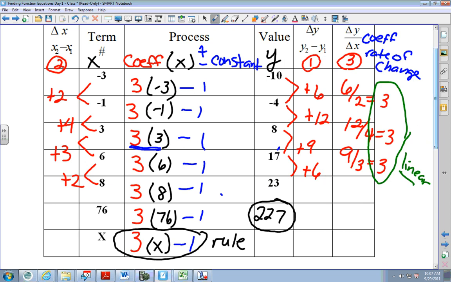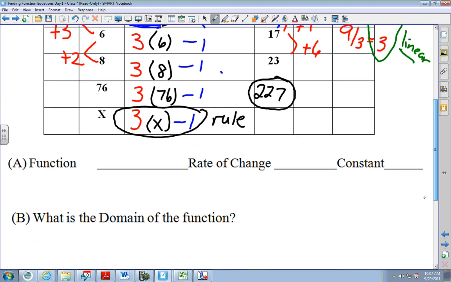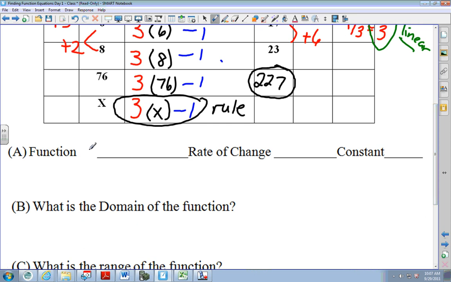So now when you come down here to answer your questions, your function is f of x equals 3x.